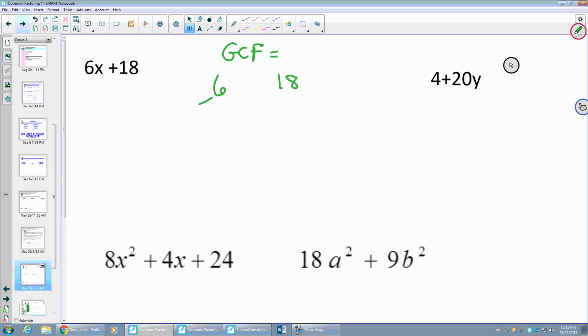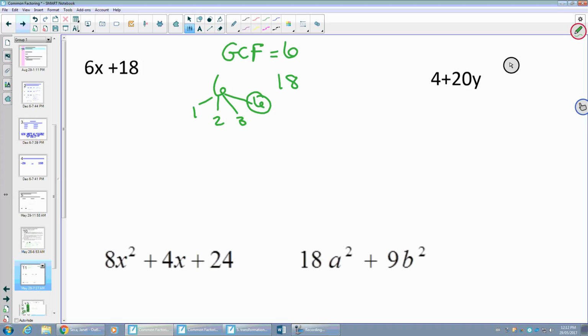All of my factors of 6 are 1, 2, 3, and 6. To figure out my greatest common factor, I can do 18 divided by 6. That gives me an even number. So 6 becomes my greatest common factor.